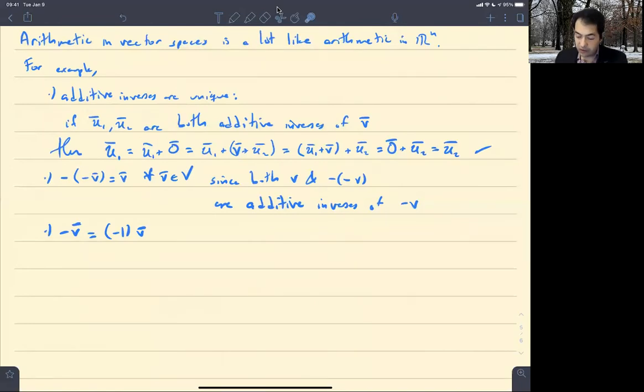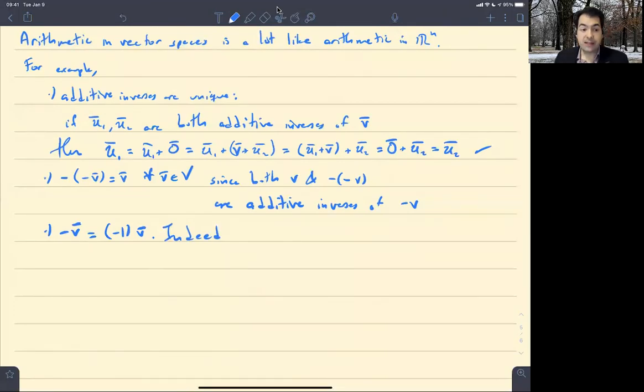So what that means is this is a vector defined by the fact that if you add it to v, you get 0. Okay, and this is the scalar minus 1 in the field, right? So this is the additive inverse to 1 inside the field. And then here we're doing scalar multiplication, right? And the claim is that we get the same vector.